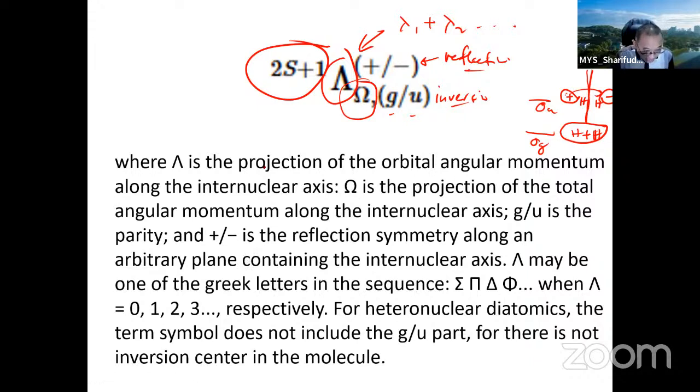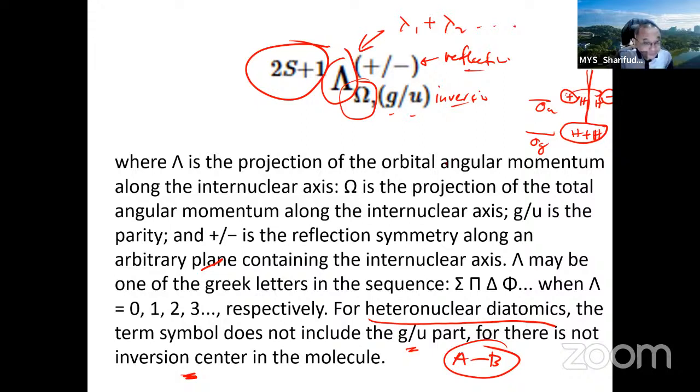So for heteronuclear diatomics, for an AB molecule, for example, the term symbol does not include the g/u part, for there is no inversion center, right? Because A and B are two different things, but you can still go through the reflection one.